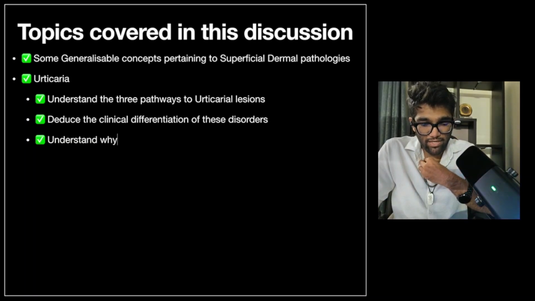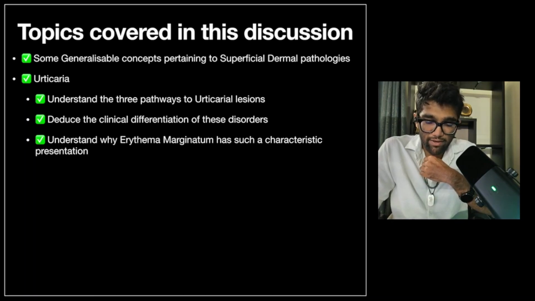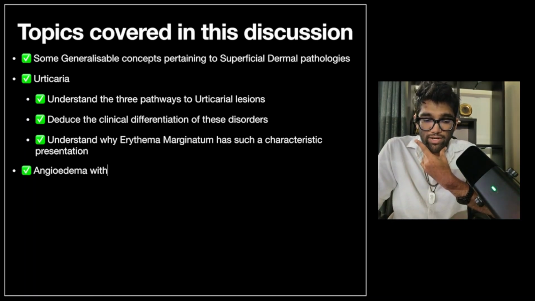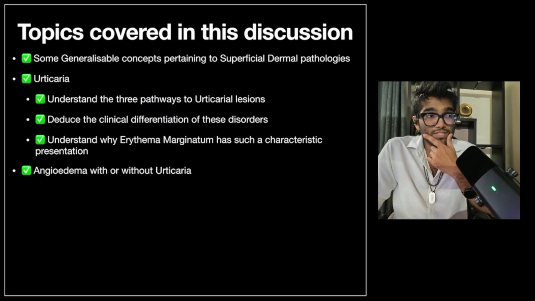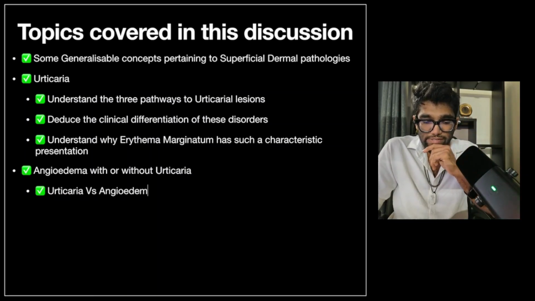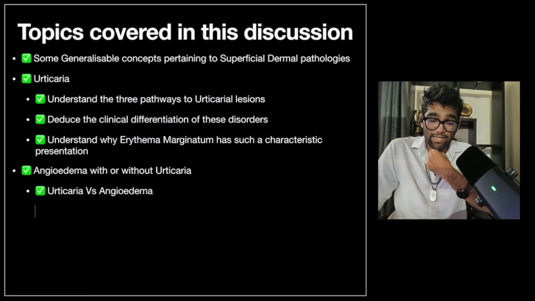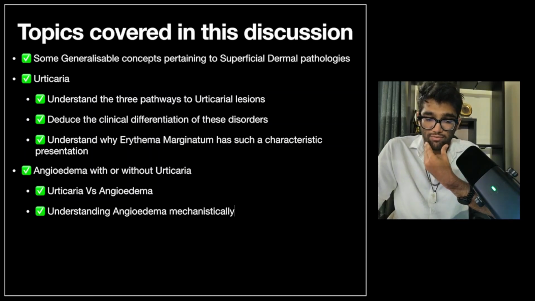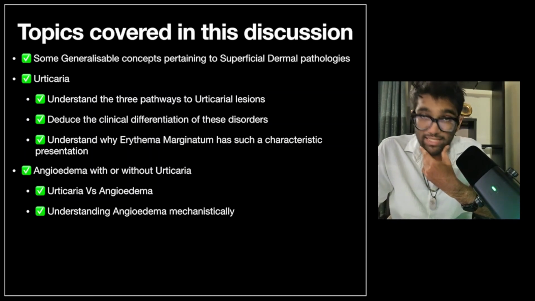Then we've understood why erythema marginatum has such a characteristic presentation. We have understood why the presence of urticaria in a patient with angioedema completely changes the way we look at angioedema. We have also deduced the difference between urticaria and angioedema, and understood what angioedema is mechanistically.